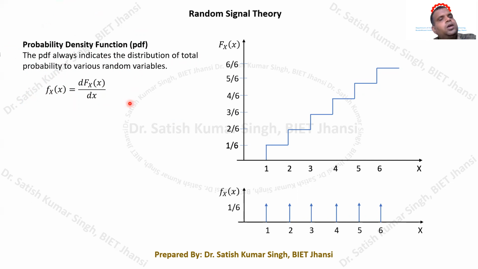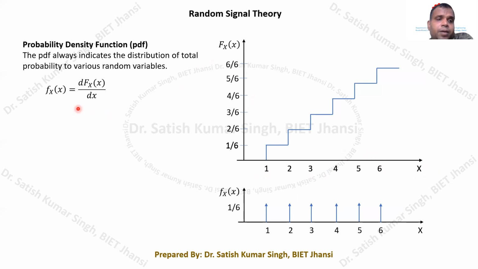Now try to see what this probability density function represents. In the previous case, we had this sketch for the rolling a dice experiment. On the x-axis we had the possible outcomes of the random variable, and then this represents the probability distribution function.